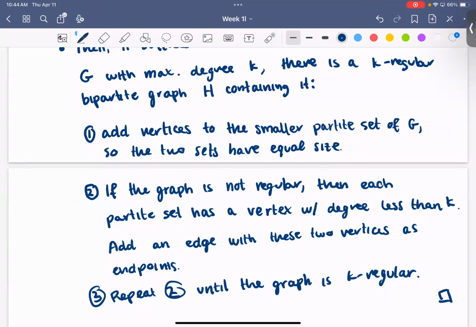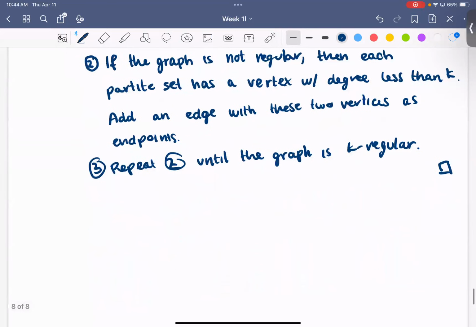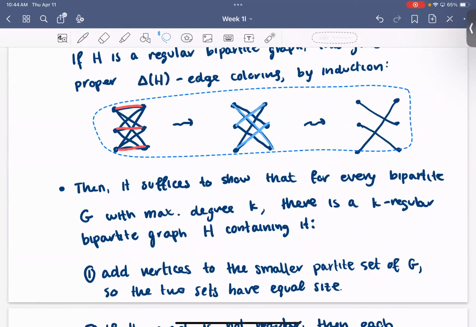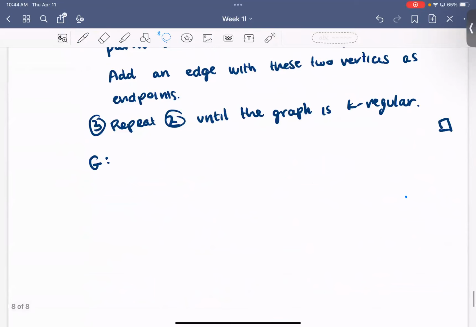Okay, are there questions about this? Would it help to work through an example? Let me start with this graph G. From this portion, I've already produced a 3 coloring of K33, so let me draw that over here.